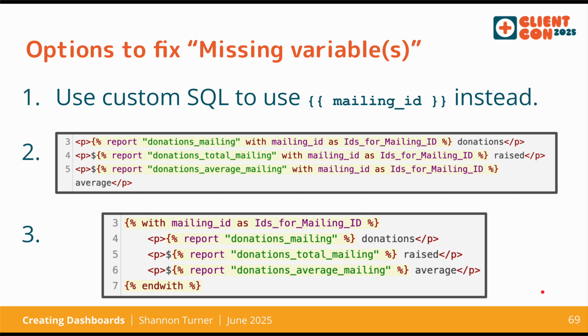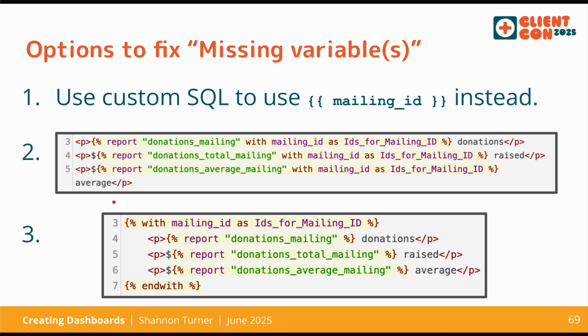You could either edit your reports to use mailing ID instead of IDs for mailing ID, and so we saw the example of how to do that for the page mini dash earlier. Or you could one by one use the report tag and the with syntax that we saw in previous slides. That works totally fine as well.